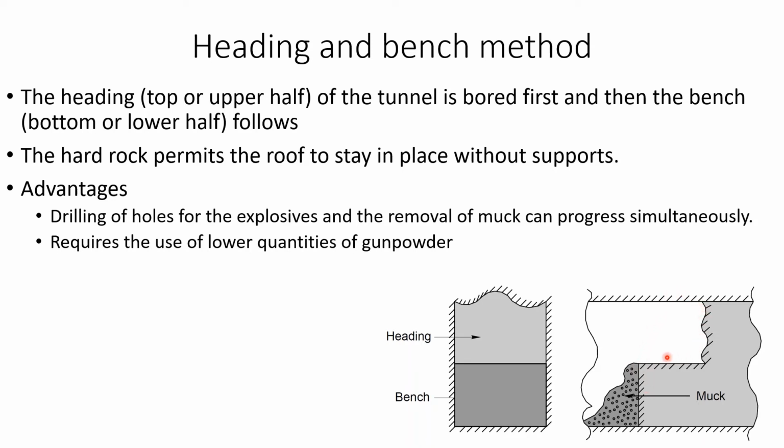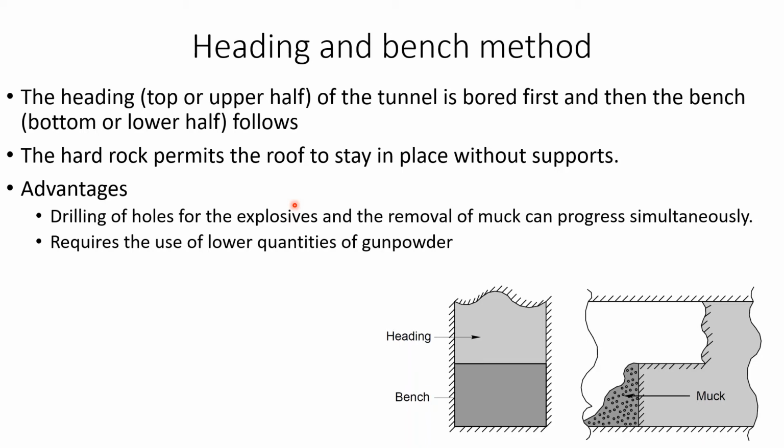Once the top portion is blasted and the muck gets collected, we can remove the muck and use that time for drilling the holes in the bench portion. It is more suited for hard rock, which permits the roof to stay in place without any support.